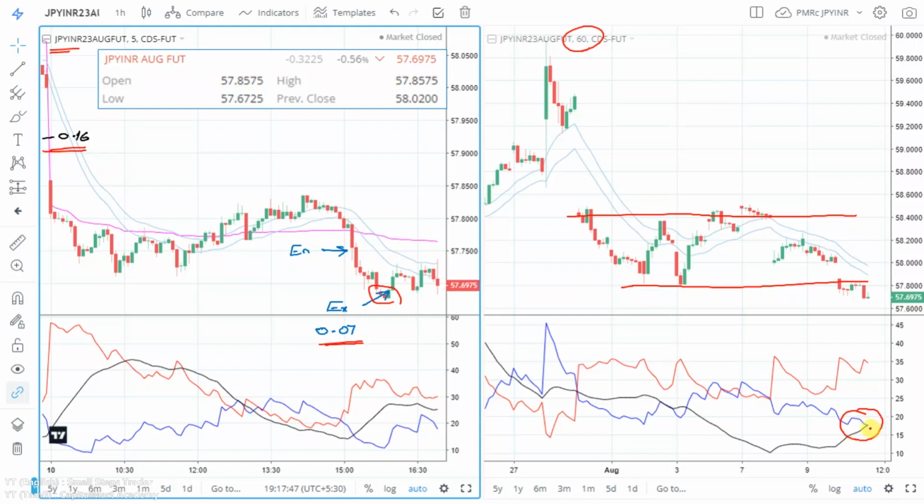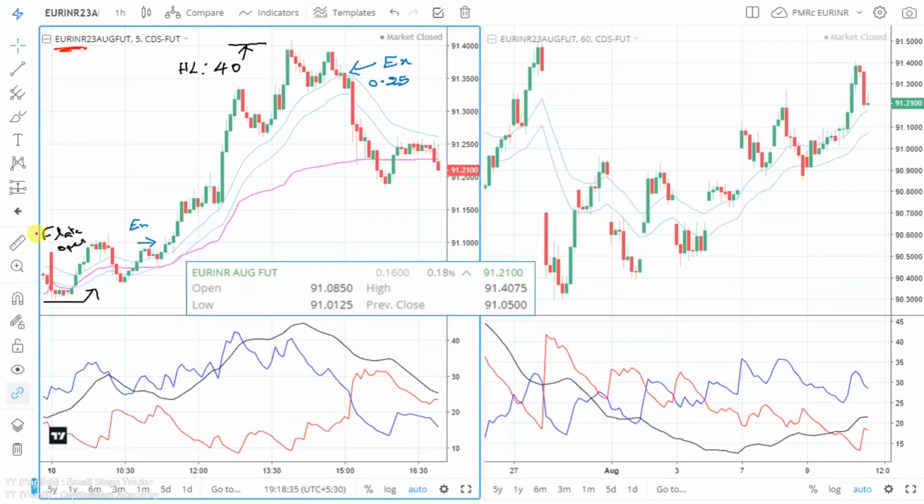If tomorrow the plus DMI comes down and crosses it, then the fall would continue for some more days. Let me see how it happens. Tomorrow is the weekend, so we will get some confirmation for next week's price movement.